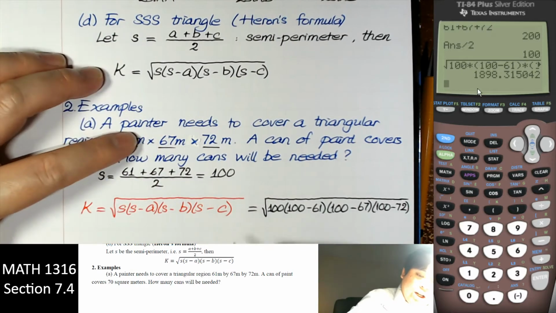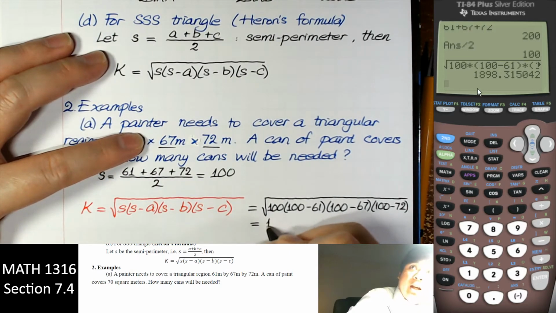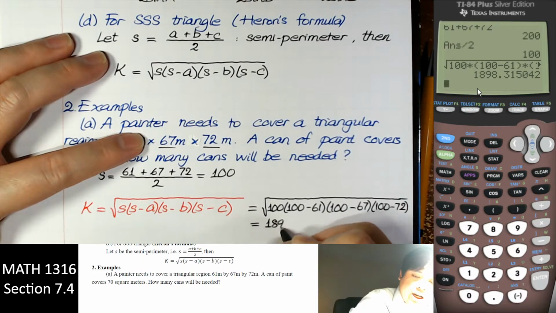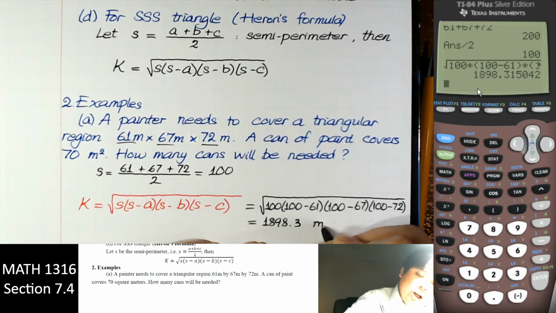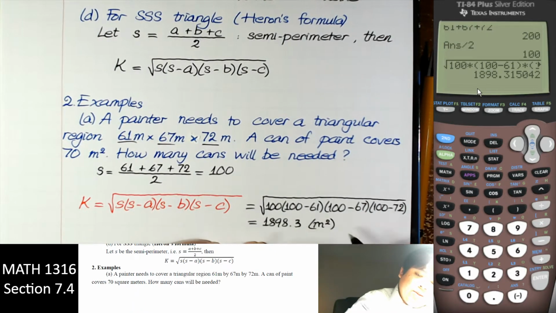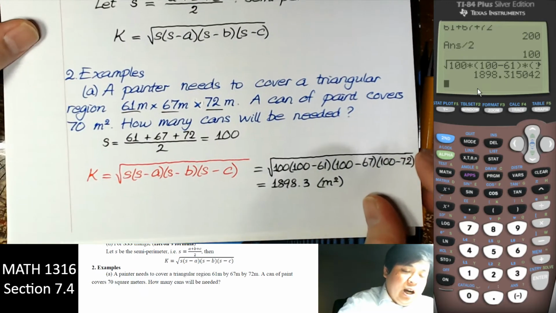And we have the square root already. So the area will be 1898.3 meters squared. Right. Next, that's not the question.